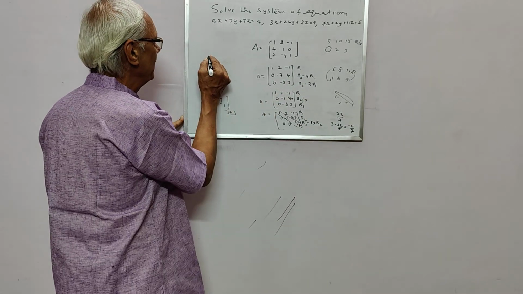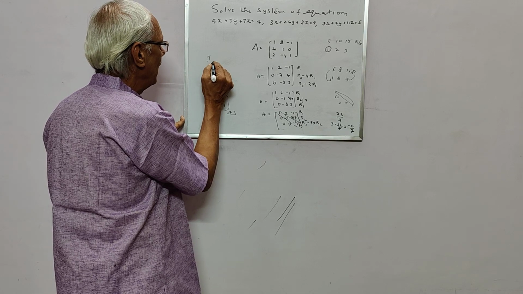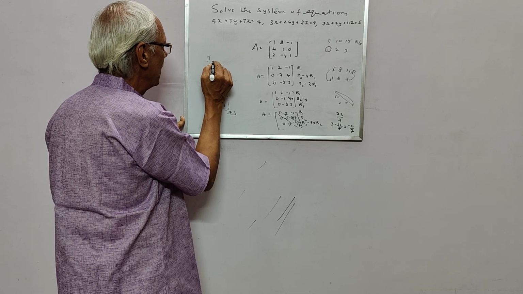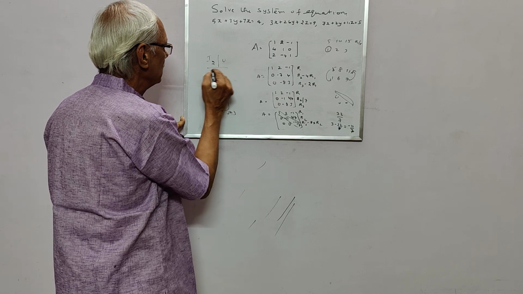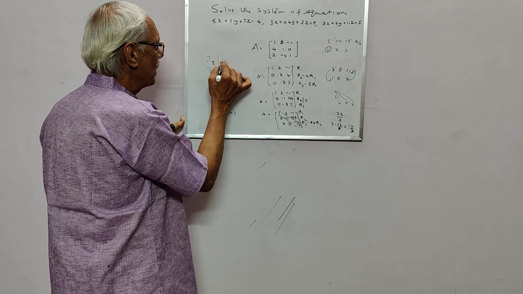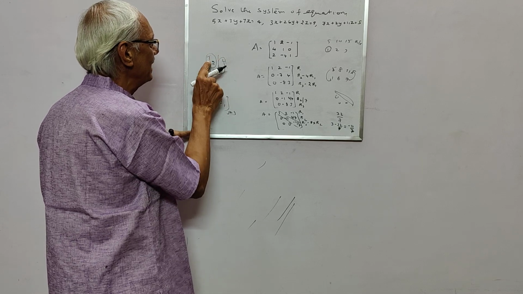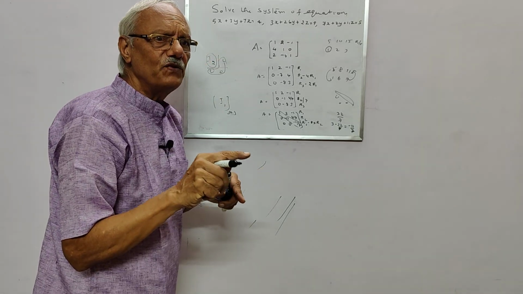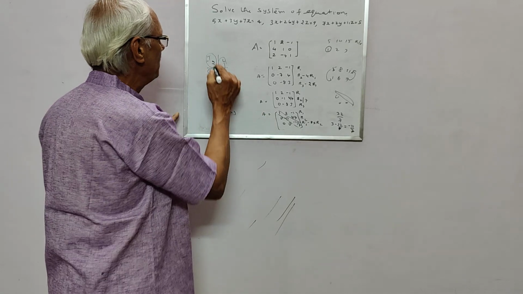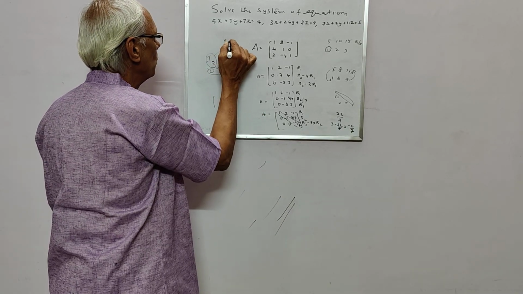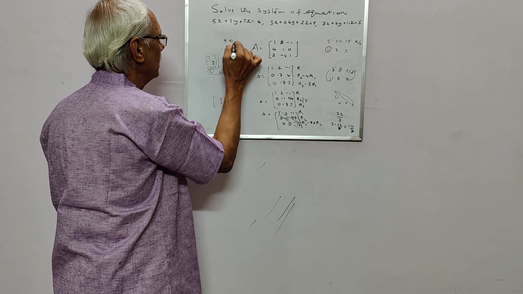For example, it will be like this. Let us suppose it is I2 0 0 0. That means everywhere it will become 0, but there will be one sub matrix here, which will be of the form 0 1 1 0 0 1.